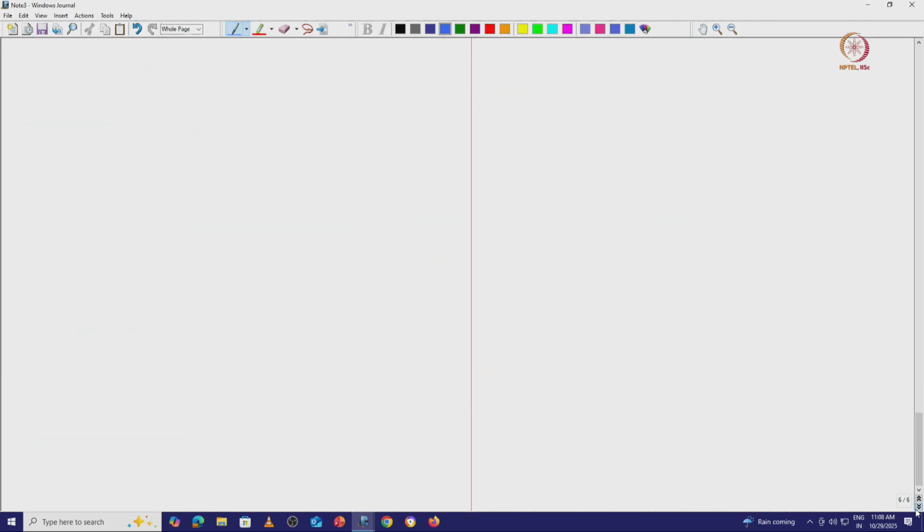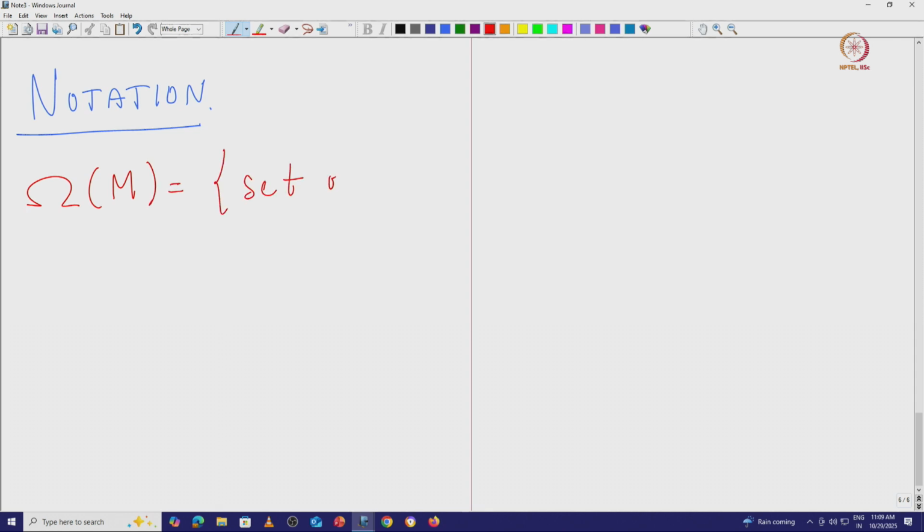So the notation that we will use is the following. Omega m will denote the set of all admissible paths.